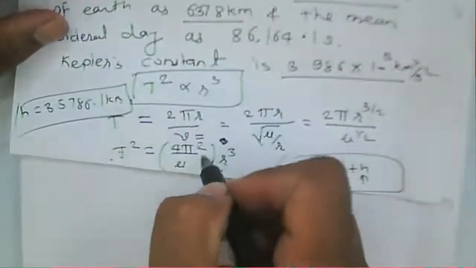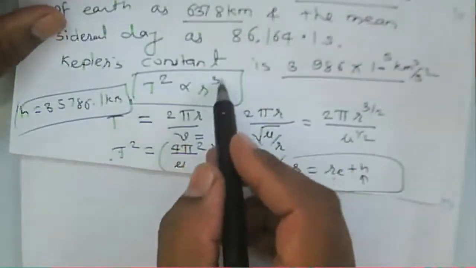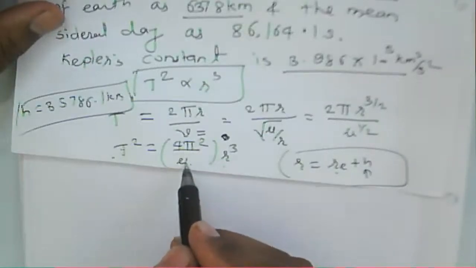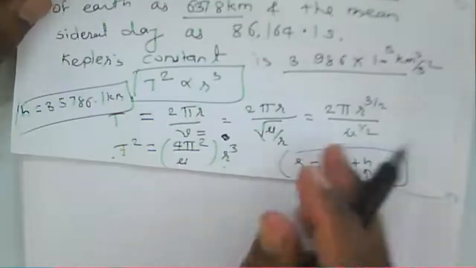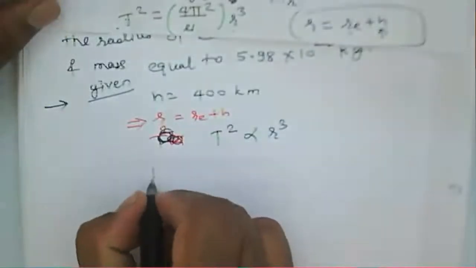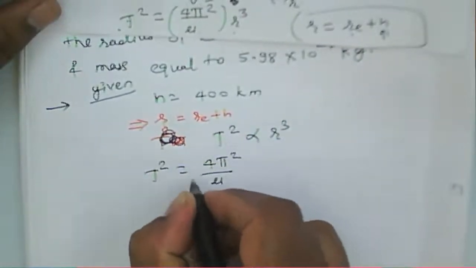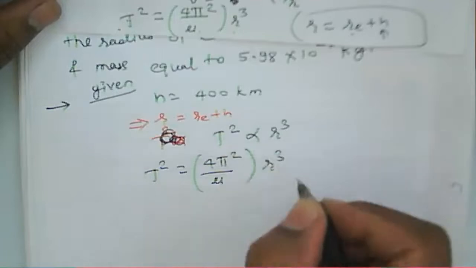The same thing we have used here. T squared is directly proportional to r cubed, means T squared is equal to 4 pi squared by mu in bracket into r cubed. So T squared is equal to 4 pi squared by mu times r cubed.